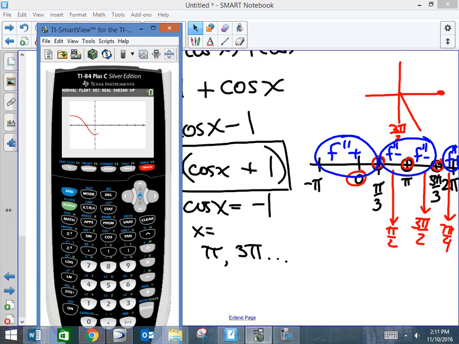Let's see if the concavity works. Certainly at negative pi, we're supposed to be concave up. Why does it look concave up to me? This looks concave down right here, and this looks up.